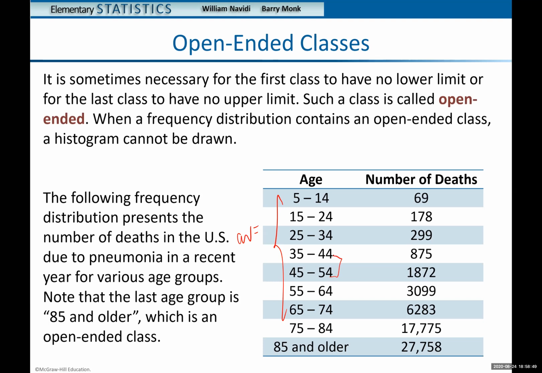Like 54 minus 44 or 24 minus 14, or just the first two. 15 minus 5 is equal to 10. So you know that based on these classes here, 1, 2, 3, 4, 5, 6, 7, 8, the first 8 classes, the class width is equal to 10. But the very last class is not 10. It's open-ended, 85 and older. So this is what you call the open-ended classes.